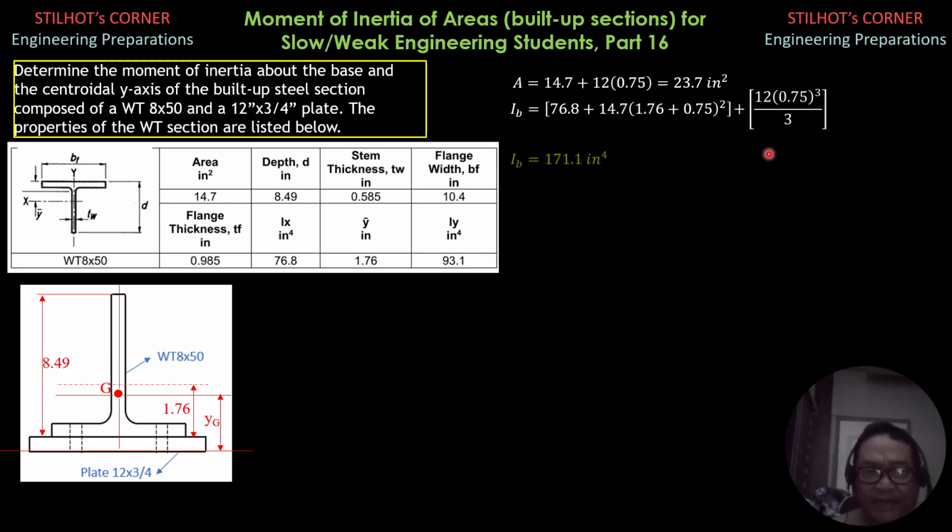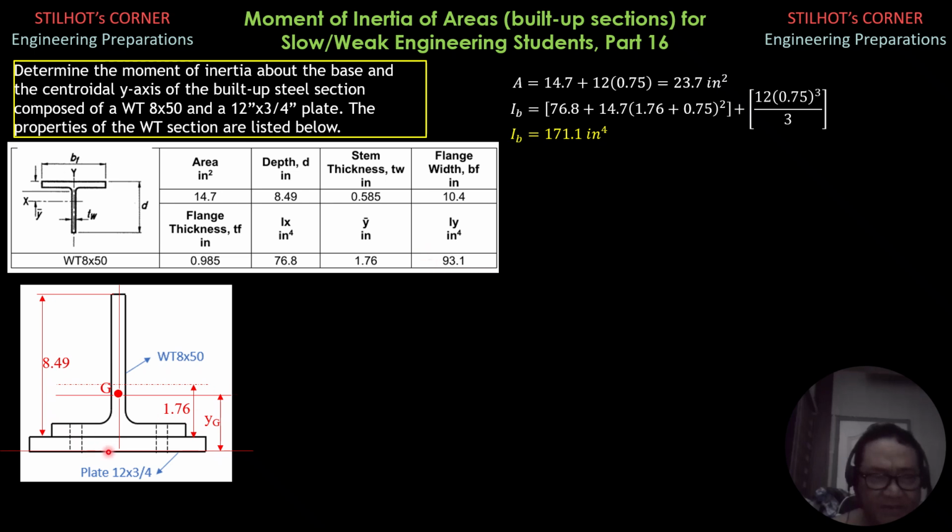So computing, I sub b equals 171.1 inches to the fourth. Then for IGY, the centroidal y-axis coincides with both centroidal axes. So for the WT section, there's no need to transfer because the distance is 0. So it is 93.1.